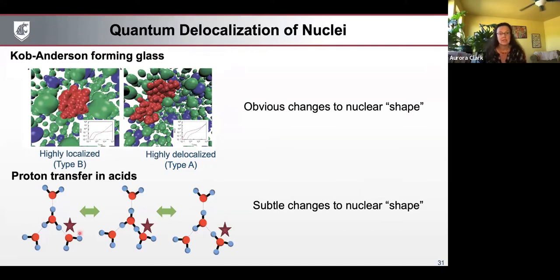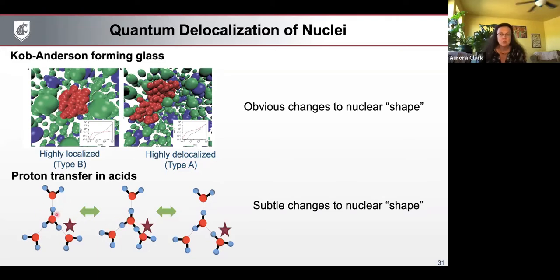And here's a really good example. We have an excess proton, an excess H plus that's attached to this water, to make H3O plus, which is our acidic molecule. And this hydrogen atom transfers from one water to another water. So this excess proton transfers from one to another. And so you can kind of see that following.